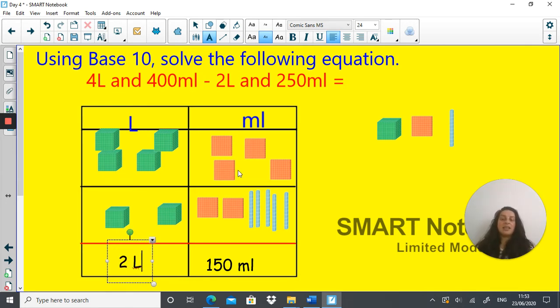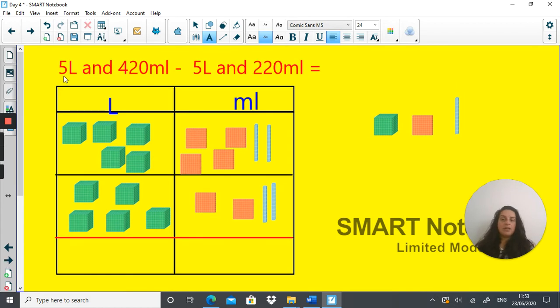The answer here is 2 litres and 150 millilitres. Let's do another example. 5 litres and 420 millilitres take away 5 litres and 220 millilitres. So I've put all the Deans base 10 in the correct columns, and as always we start with the millilitres column first.